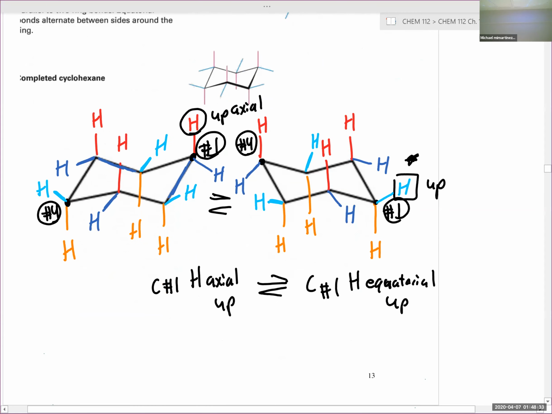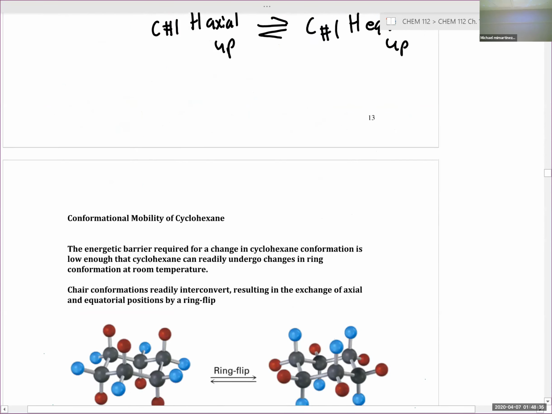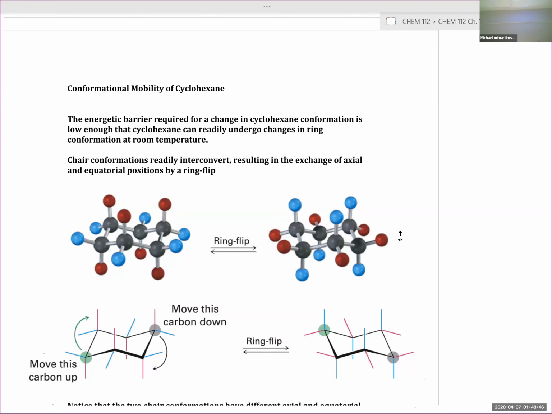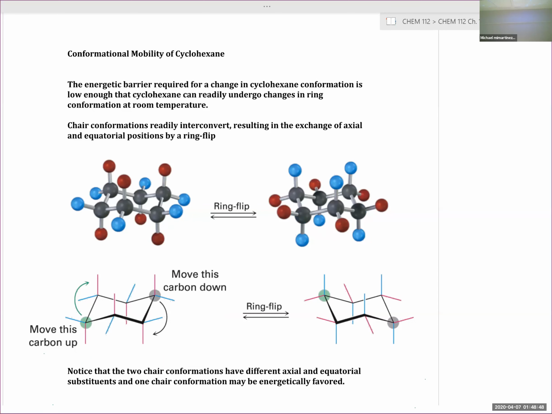So to continue on and really to help us understand this key point, this is the last point for today, we're going to focus on the conformational mobility of cyclohexane. Now, remember how we talked about this idea that carbon-carbon bonds are rotatable?